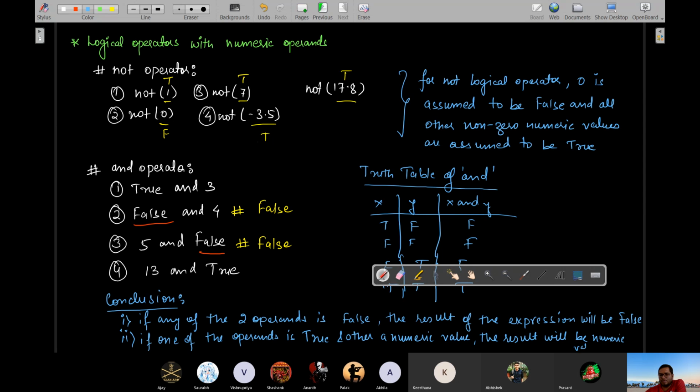What does that mean? If one of them is true and another is a numeric value, so here one is true, another is numeric value, here one is true and another is numeric value, in that case the result of the expression will be numeric value. After that 0, 1 will not matter. The answer will come as a numeric value.